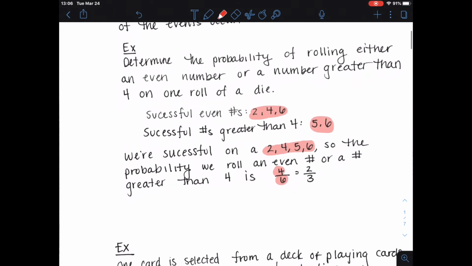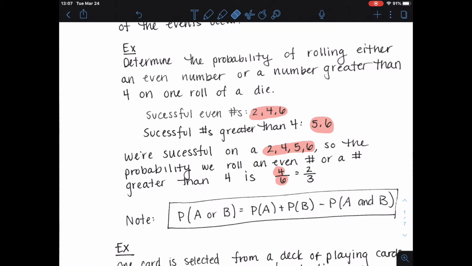So there's a nice way to calculate these "or" probabilities. If you want the probability of A or B, you look at the probability of event A being successful plus the probability of event B being successful, and then you subtract what's in common to the two. If you look at the last example, the probability that event A is successful, or we get an even number, is a 50% chance.